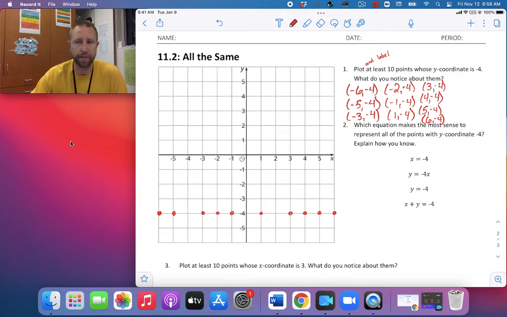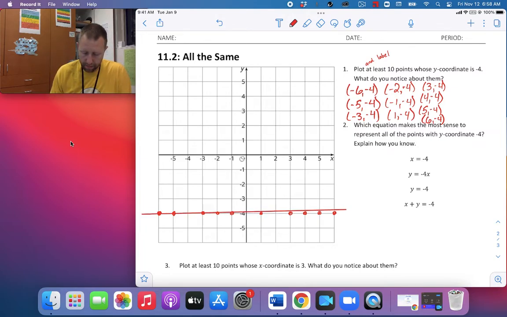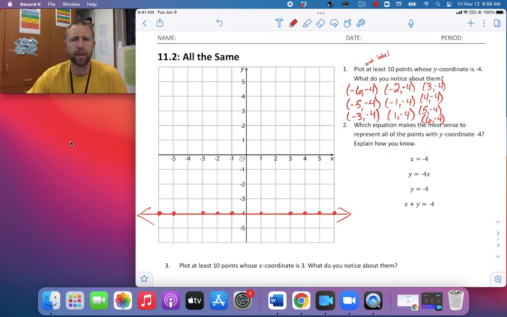And then it says, what do you notice about them? Well, from the graph, one thing I notice is that they form this straight line. So they all go in a horizontal line.